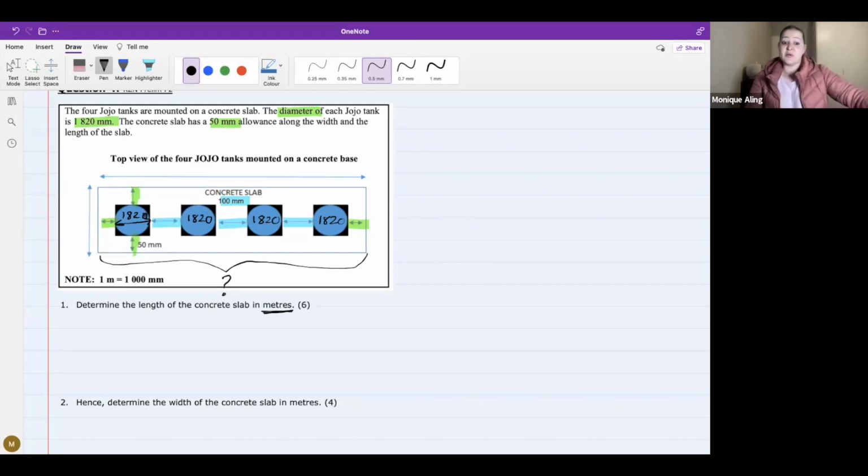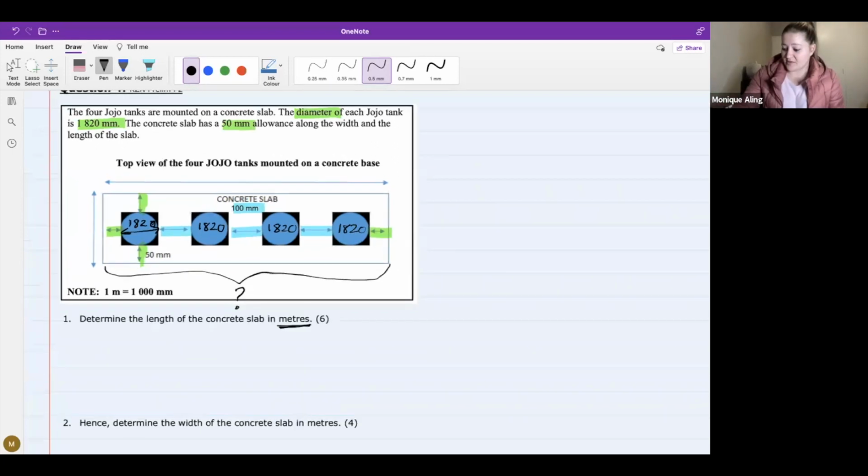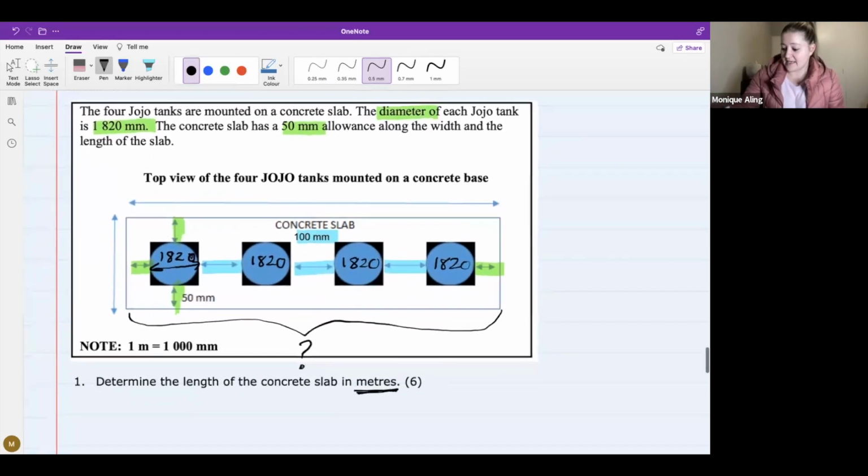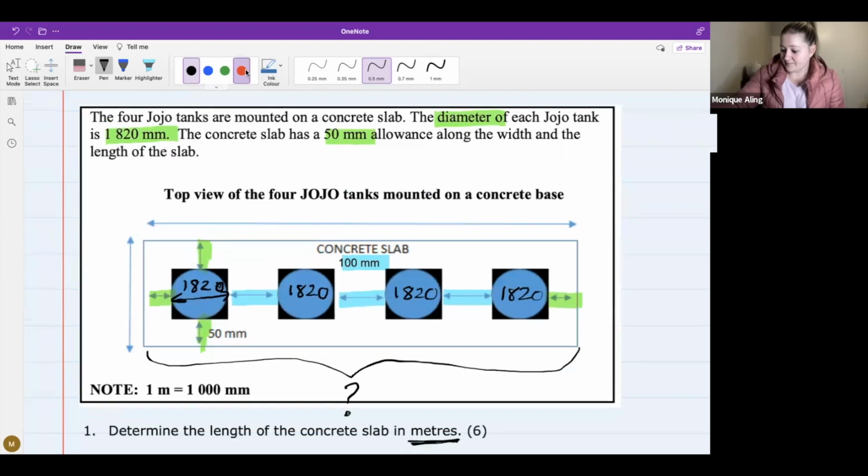So I'll give you a clue. We know that the green parts, I'm going to zoom in a bit, over here is 50. So for this little section, it's 50. Then I know this next section is 1,820 plus 100 plus 1,820 plus 100 plus, and so on.